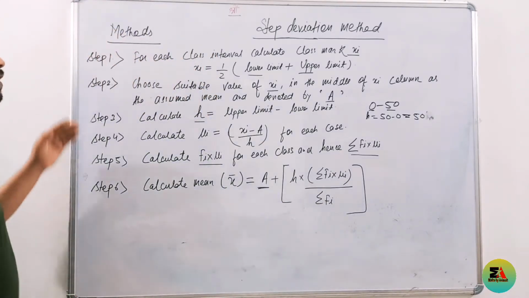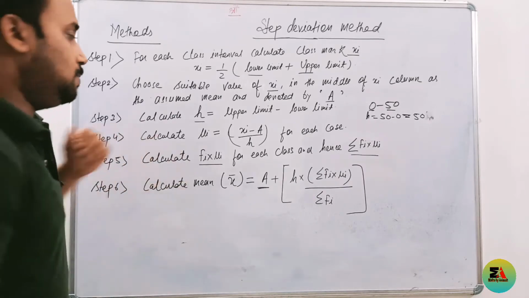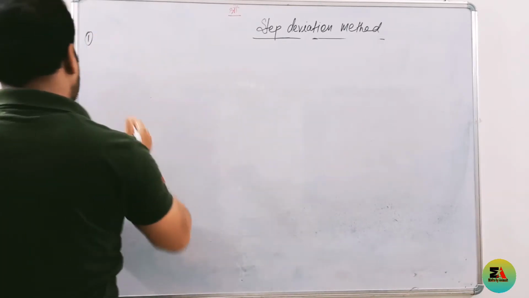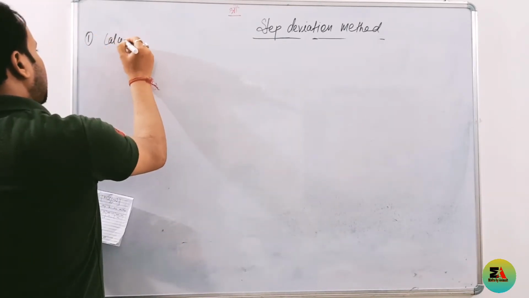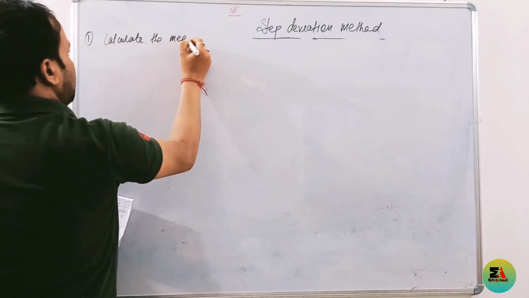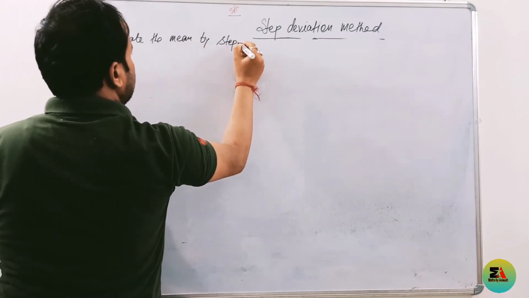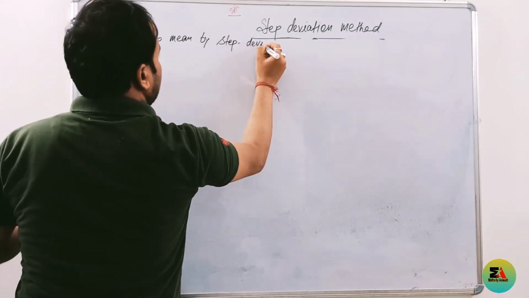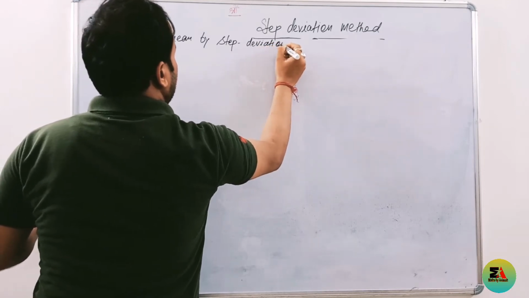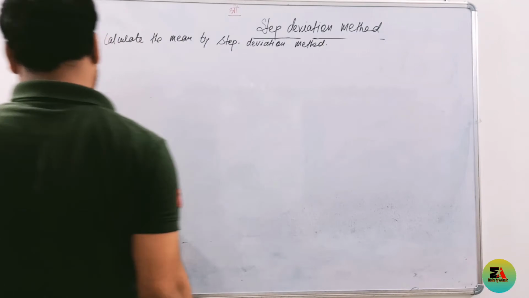Now see how we implement all these steps in a problem. Let's see a problem. Here is a sum. Calculate the mean by step deviation method.